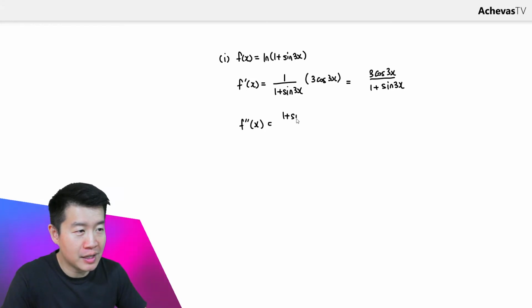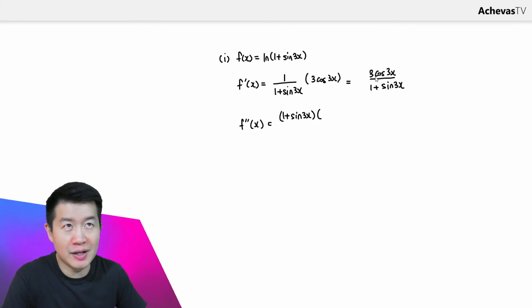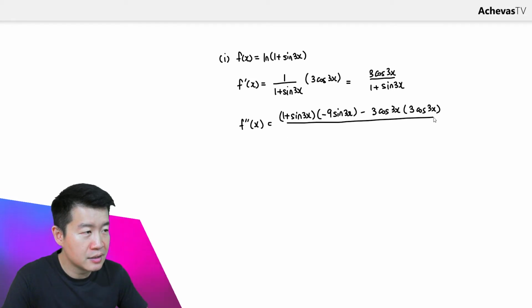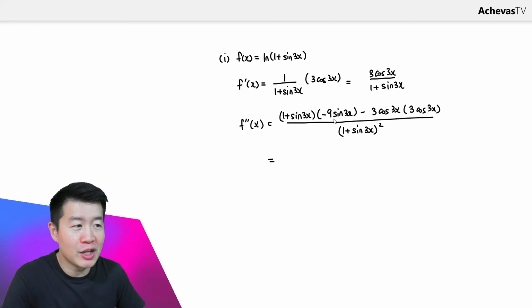So quotient rule: 1 plus sine 3x, this is the denominator, multiplied by the differentiation of the numerator, that will be 3 times 3, which is 9, and then cosine gives us a negative sign, so minus 9 sine of 3x, and minus away 3 cosine 3x, then the differentiation of the denominator gives us a 3 cosine 3x, and this is going to be divided by the denominator squared, so (1 plus sine 3x) squared.